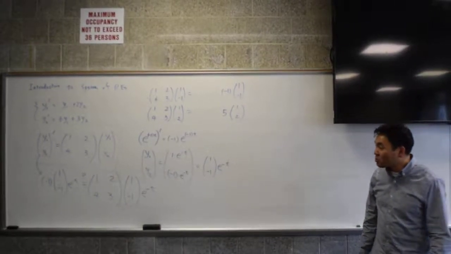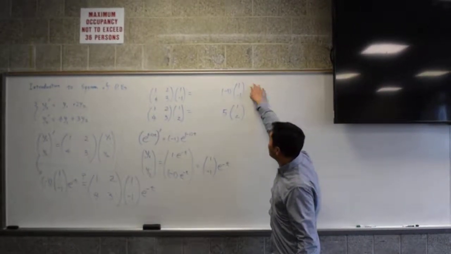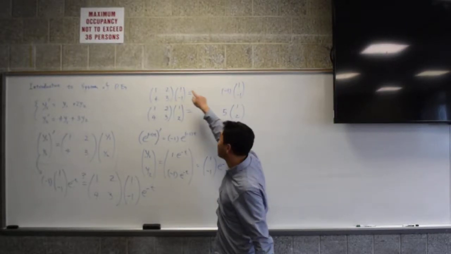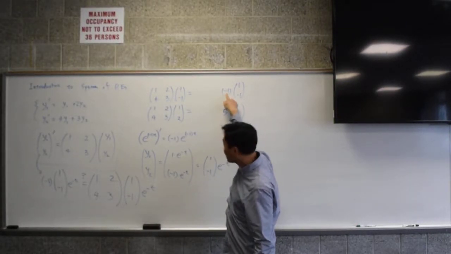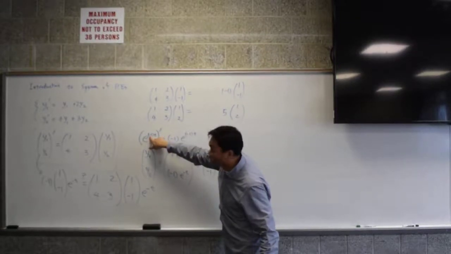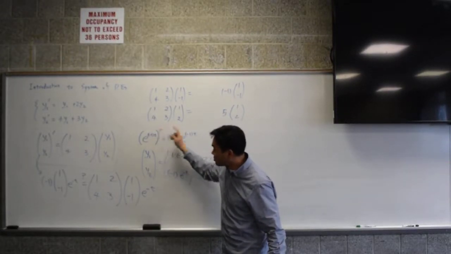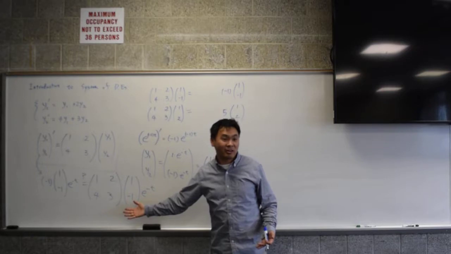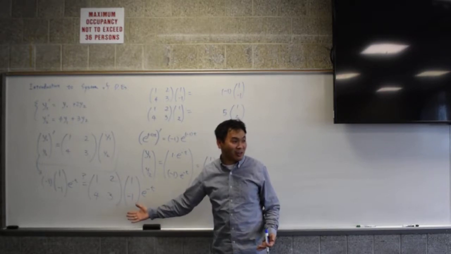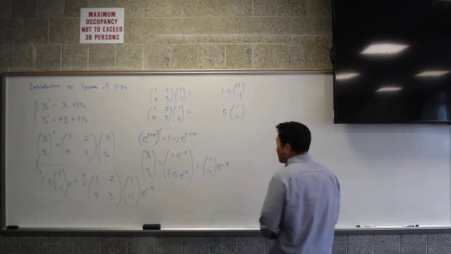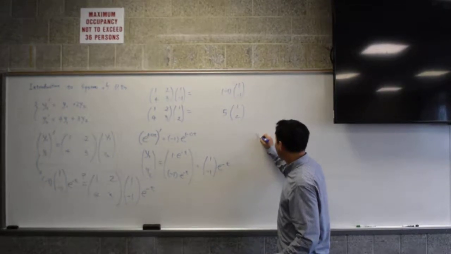So that shows us that if we have such a pair of an eigenvector and an eigenvalue, I can just take that eigenvalue, place it in the exponent, and just plug it in, and it'll work. It works like magic. Okay. So now tell me what will be the other type of solution?